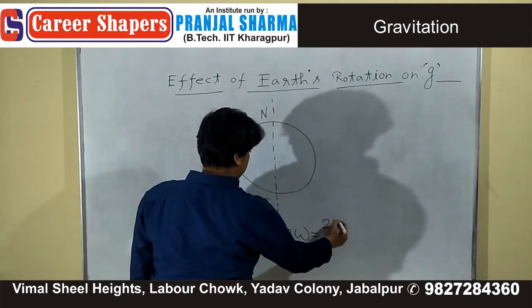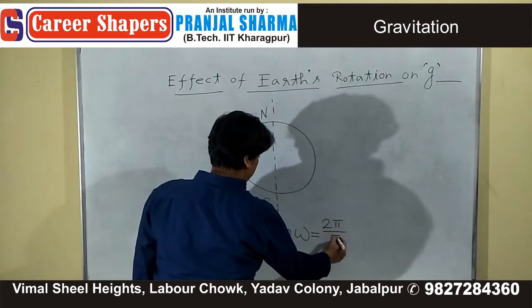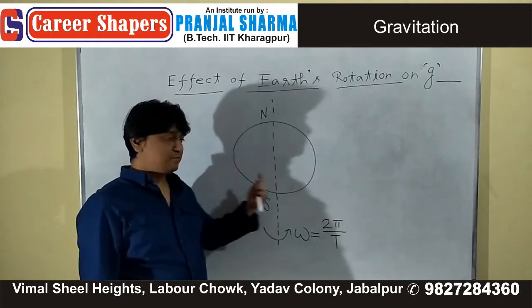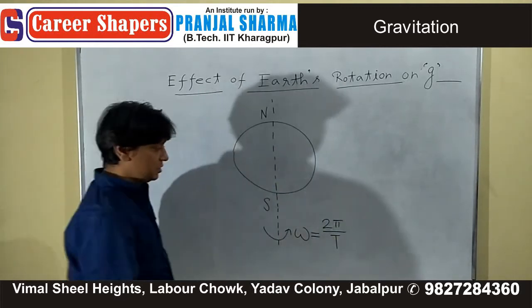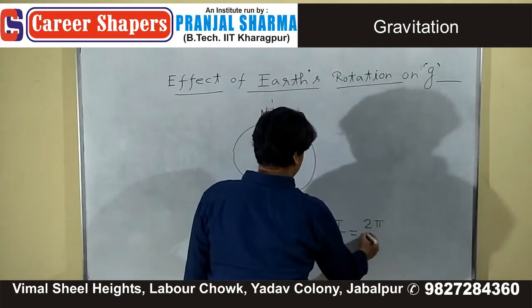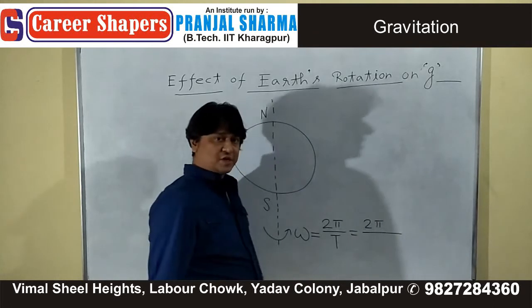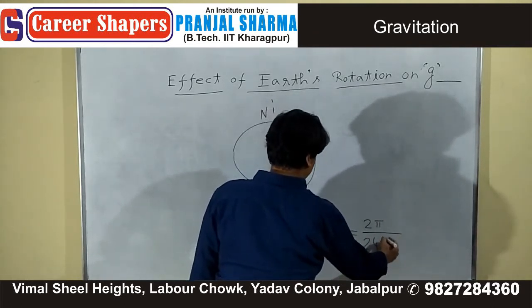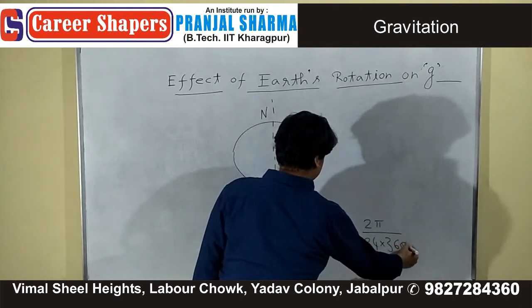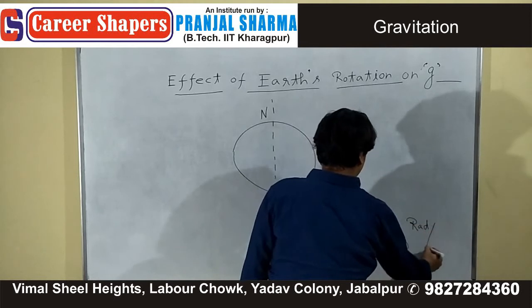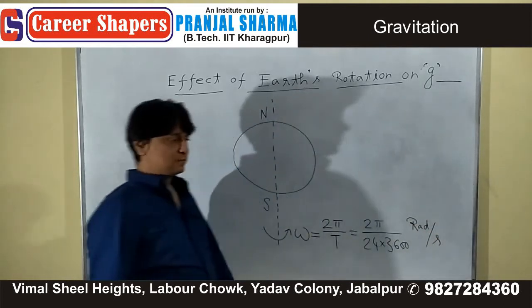Omega is 2 pi upon T. Earth takes time T to complete one rotation, and this T, you know, is not 365. This is 24 hours, 24 into 3600 radians per second.